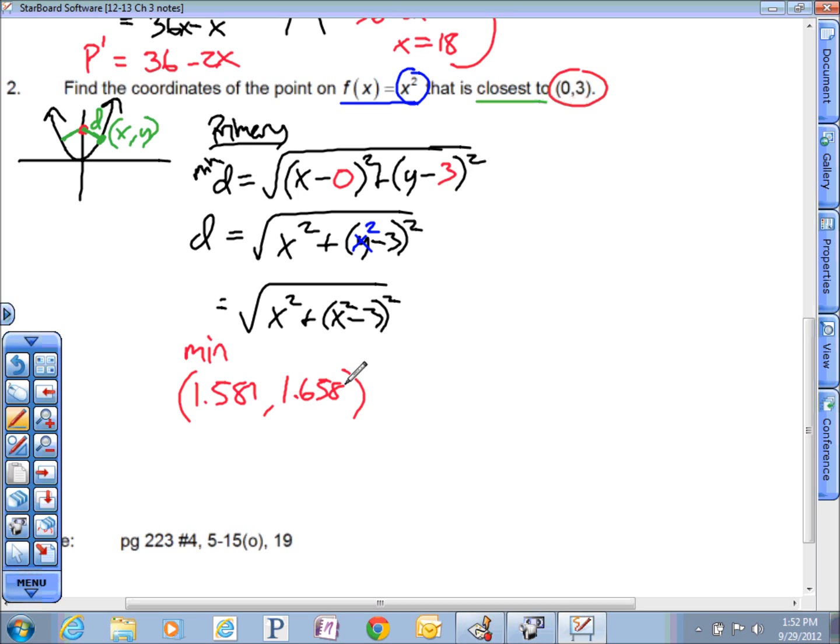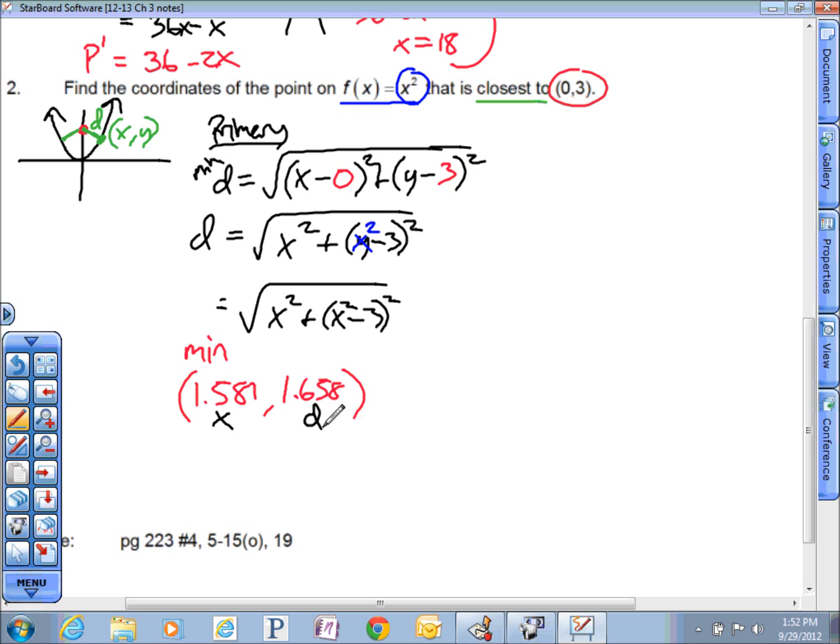Now, is this the answer to my question? Well, I'm supposed to find the coordinates of this point. This is the x-coordinate that I wanted, but remember, I graphed d. This is the d that I found because my calculator was graphing x versus d. So I found the x-coordinate. Now I go find the y-coordinate.